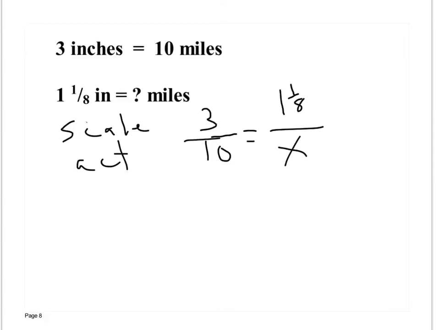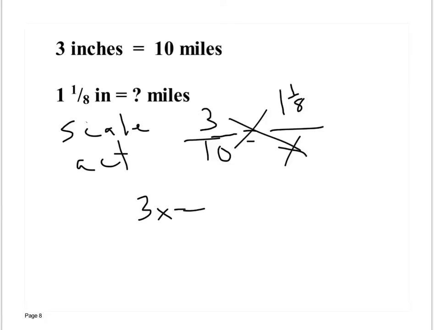All right. So 3x is equal to 10 times 1 1/8. What I would do is make this an improper fraction and get 9/8.